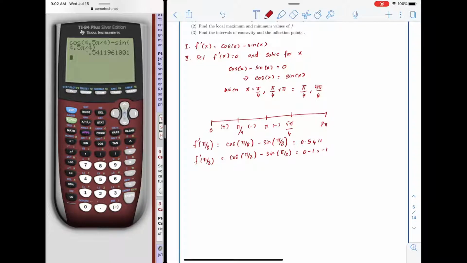And between 5 pi over 4 and 2 pi, let's see, how about 6 pi over 4, which is 3 pi over 2. That was a negative number.